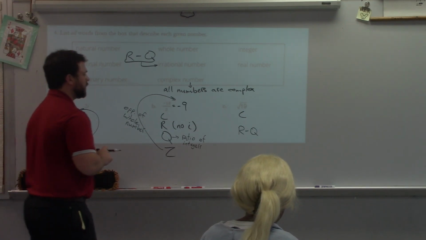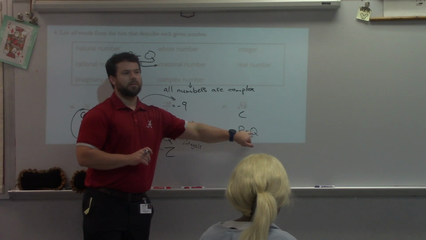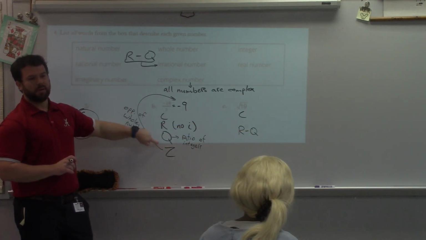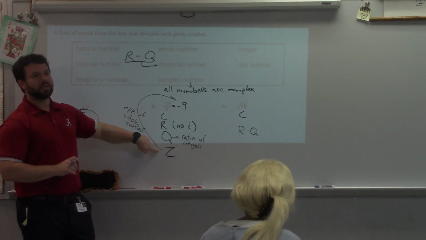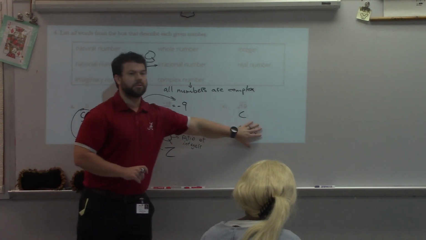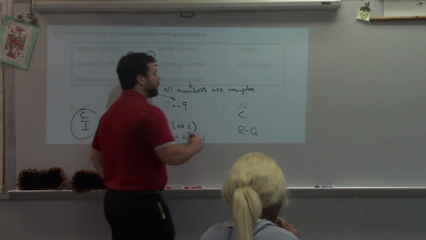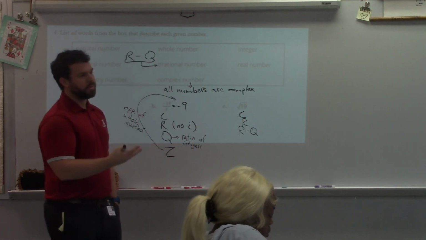Okay, let me show you this. It's irrational, right? It's the real without the rational. But isn't an integer a type of rational? So to be an integer, it has to be a rational number first. Is this a rational number? No. So could it be an integer? No. Remember, the integers also do not show a decimal.